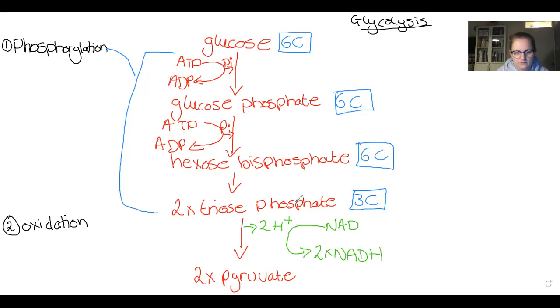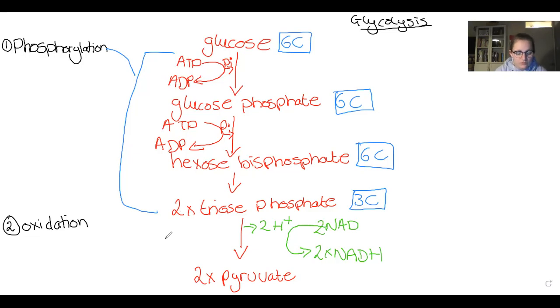Okay, so that's what happens to the 2 hydrogens when the triose phosphate is oxidized. They go over there, reduce the NAD, and we get 2 lots of reduced NAD. And that was obviously 2 lots of NAD being reduced. Let's just make that clear.